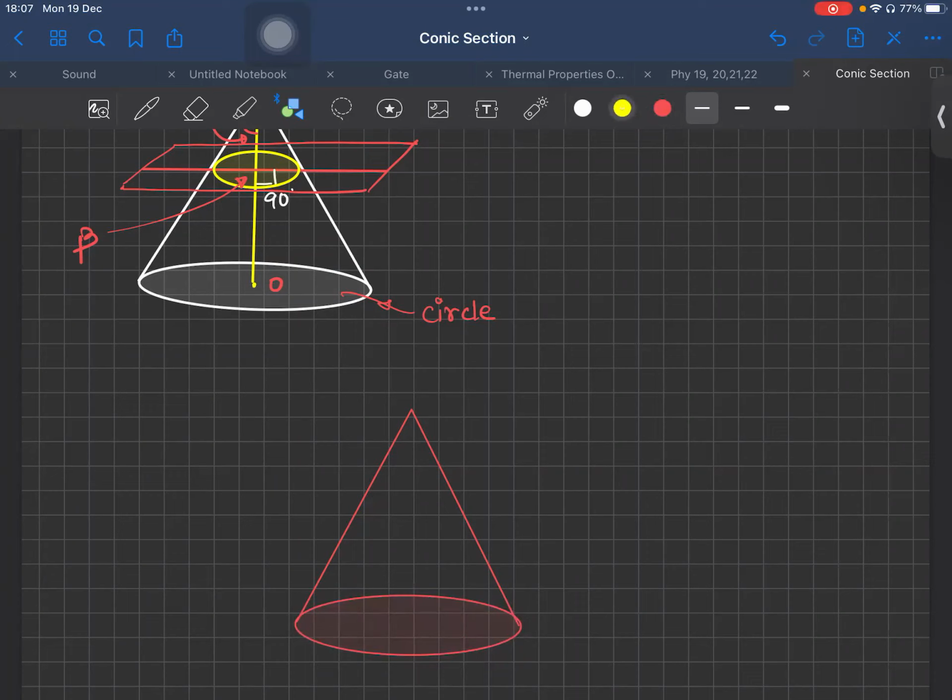Now, if you cut the plane at some angle, this again will be the perpendicular drawn from the center of the circle O. This line is OP. Now, the plane that you are using to cut is something like this.